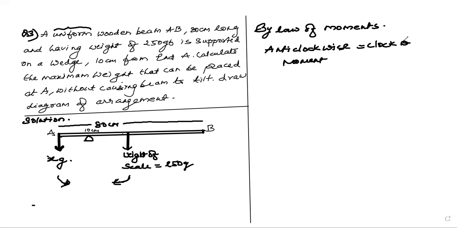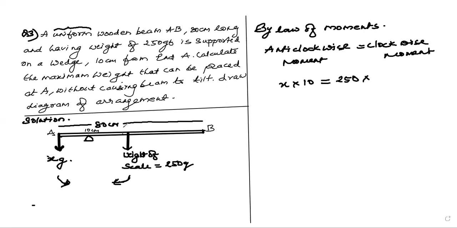Now, how do you get this anti-clockwise moment and clockwise moment? Moment of force is force into distance. What is this weight? That is X g, into its distance from the fulcrum. Fulcrum is at the 10 centimeter mark, so this is 10 centimeter. This is equal to 250 into its distance.